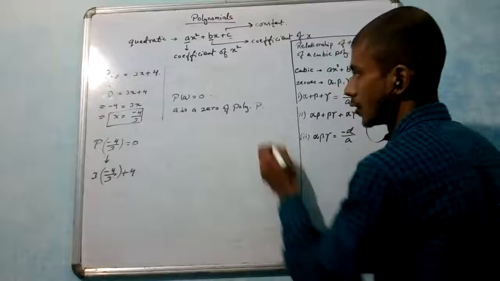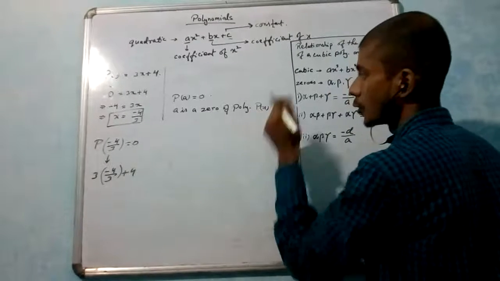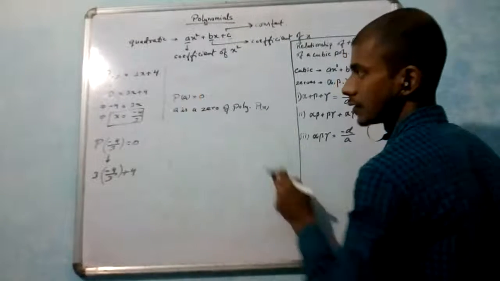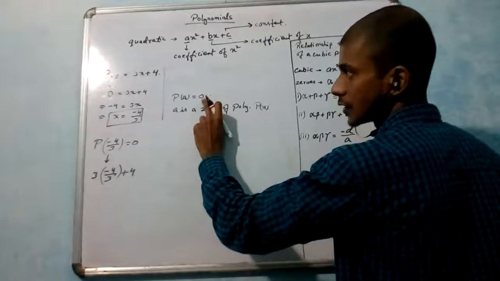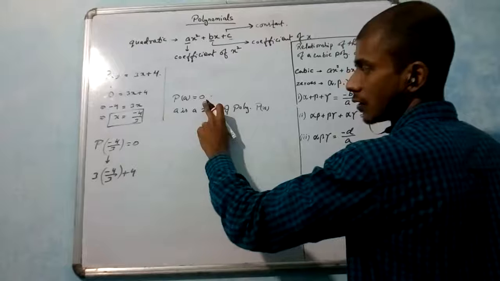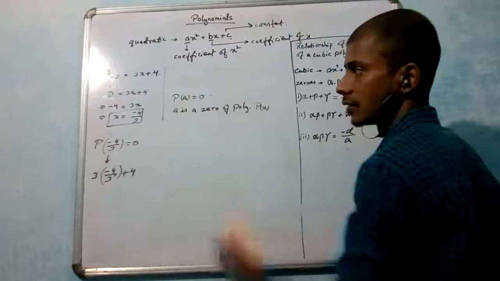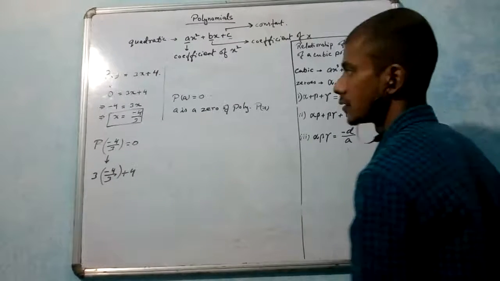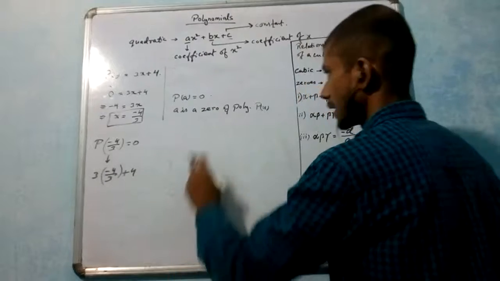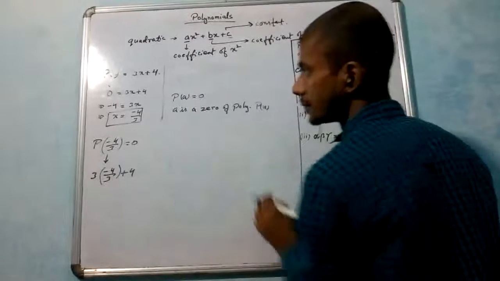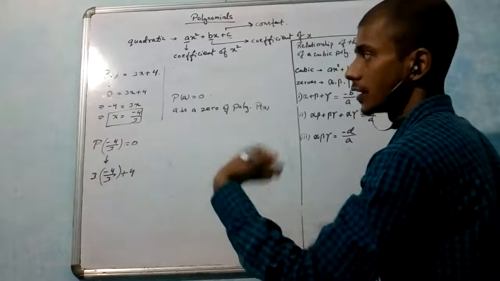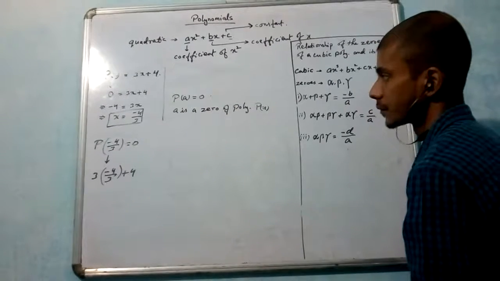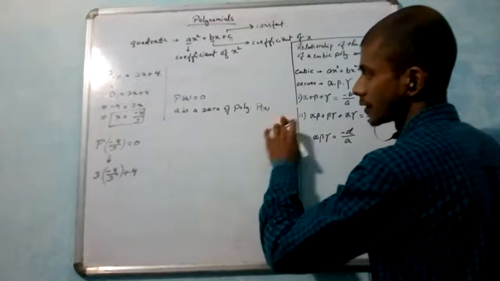Or polynomial p of x or p of y, as per the given one, if it becomes 0 when x is a, then a is the zero of the polynomial p, and p can be in x, in y, in z, anything. So let it be p of x. Understood this?